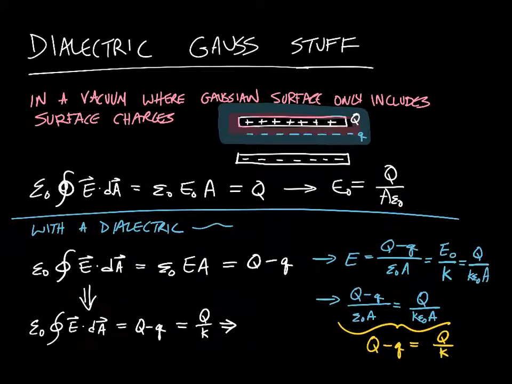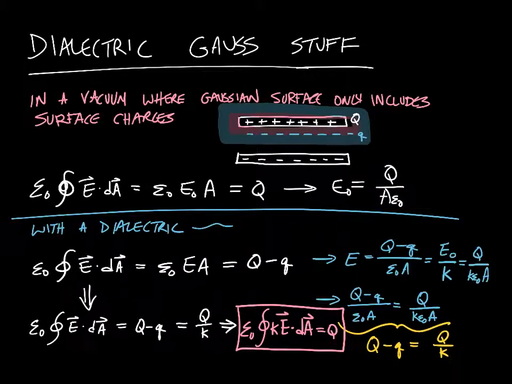This means that I can just literally bring that kappa into Gauss's law. I can write it as epsilon naught integral of kappa electric field dot dA, and that has to equal Q. So this is the Gaussian form for dielectrics.